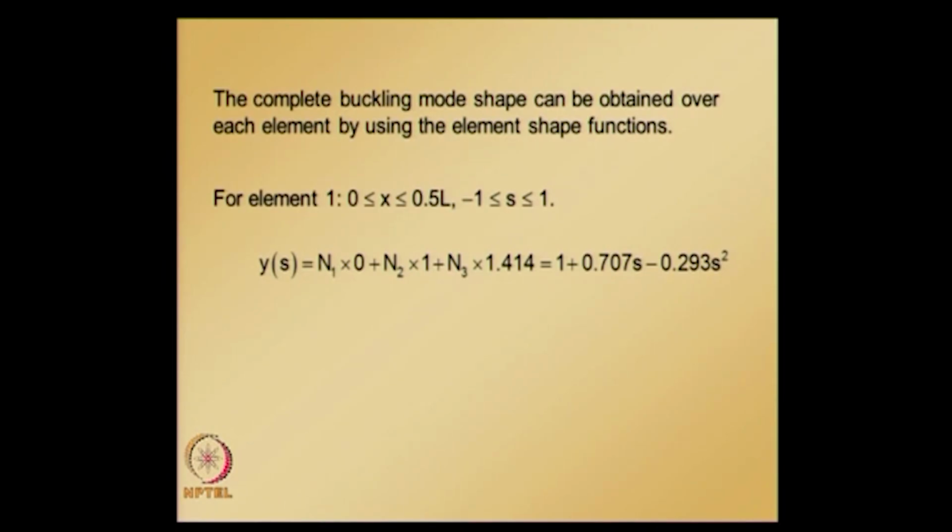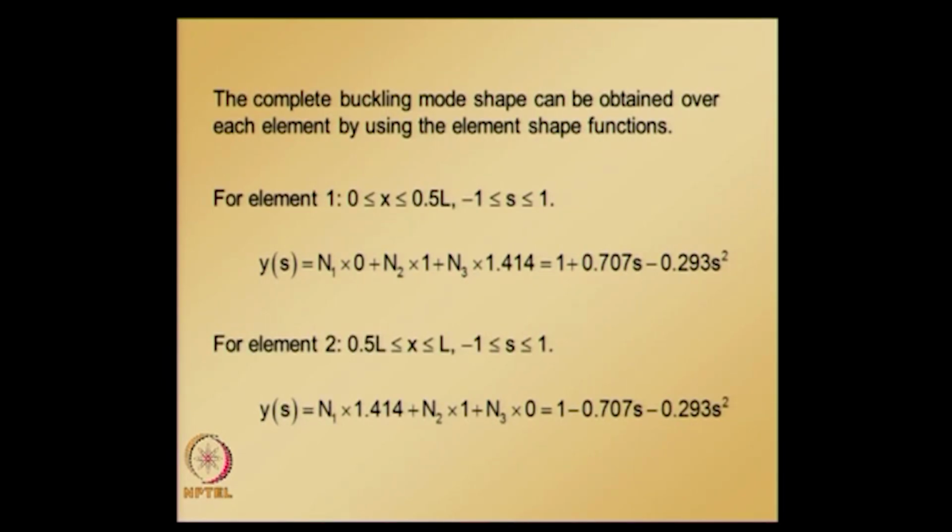So, for element 1, which is going from x is equal to 0 to x is equal to 0.5 L, and s goes from -1 to 1, substituting N1, y1, N2, y2, N3, y3, we get this equation which helps us to plot the mode shape for element 1, and similarly for element 2, x goes from 0.5 L to L, s goes from -1 to 1, substituting the shape functions N1, y3, N2, y4, N3, y5, we get this equation.